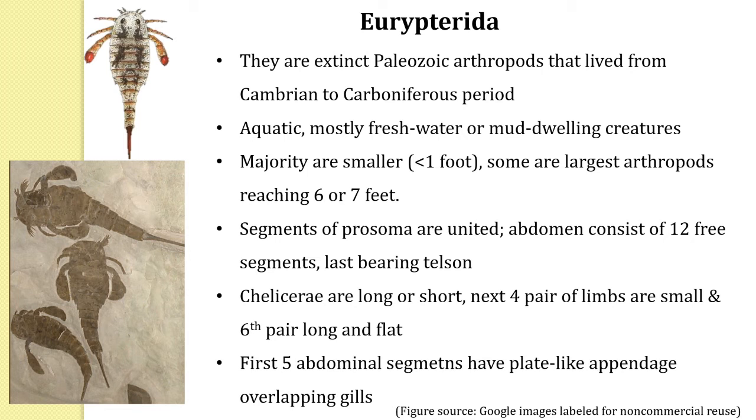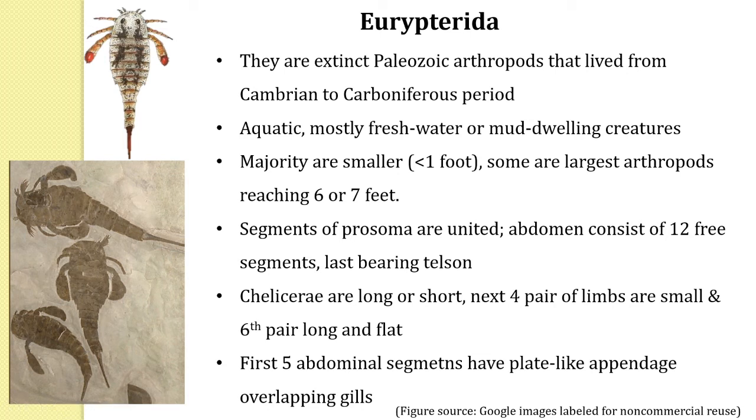They were aquatic, mostly freshwater or mud-inhabiting creatures. The majority were relatively small, less than a foot in length. Some became the largest of all known arthropods, reaching a length of about 6 to 7 feet.